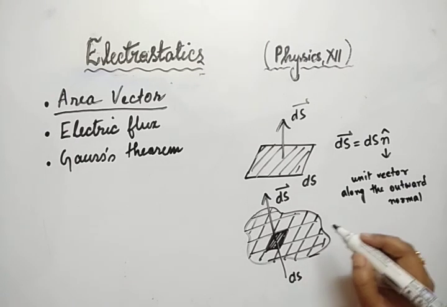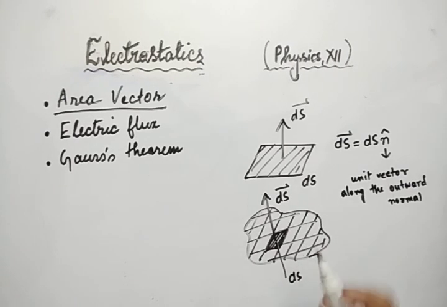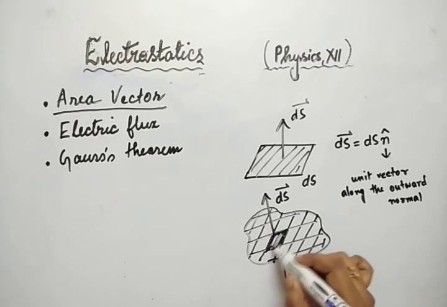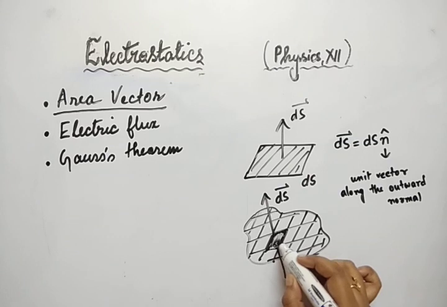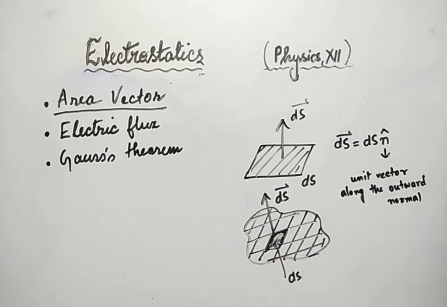So in the case of a curved surface, we can take a planar area in this form and represent its area vector in this manner. So this was about area vector.